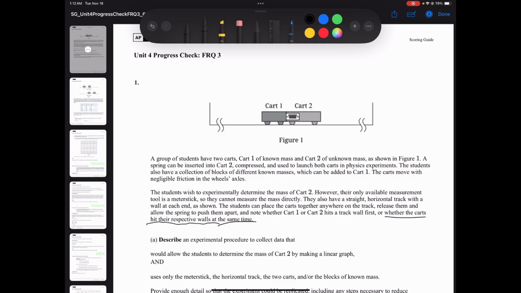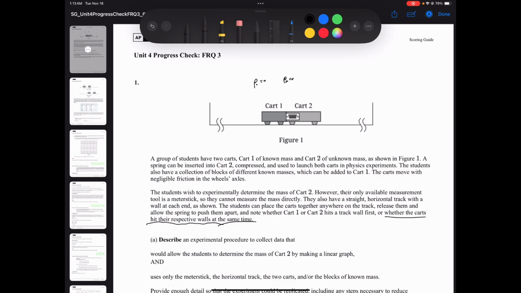So the fact that the carts, you can hear if the carts hit the wall at the same time. All right. And so the basic idea with this is we know that we can compare the ratio of the velocities, right? So if we could measure the velocities of the cart using a motion sensor, that would be a lot easier because we know that they start off with 0 momenta and then their final momenta has to be 0.